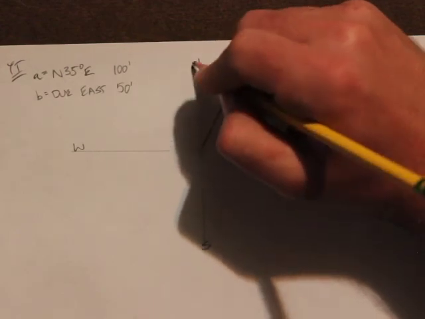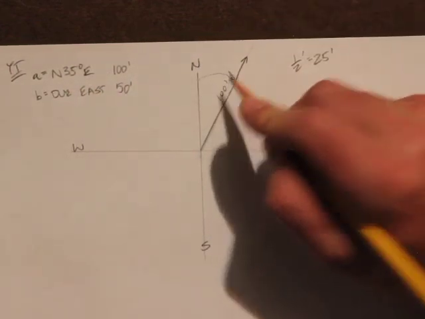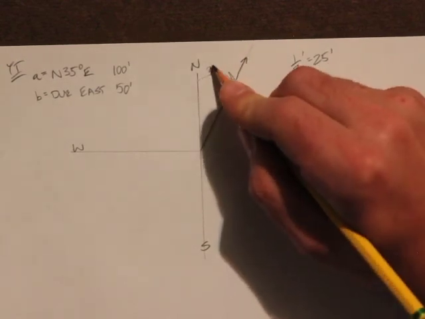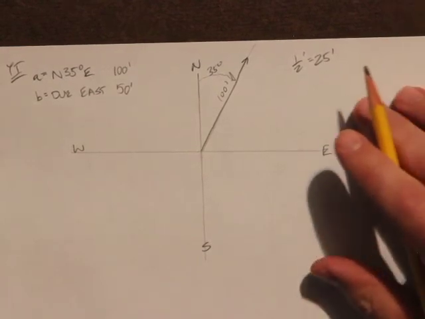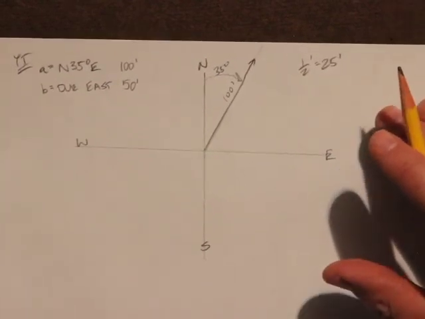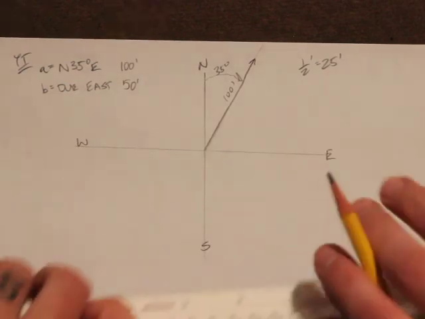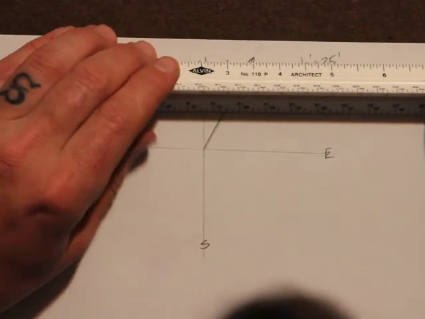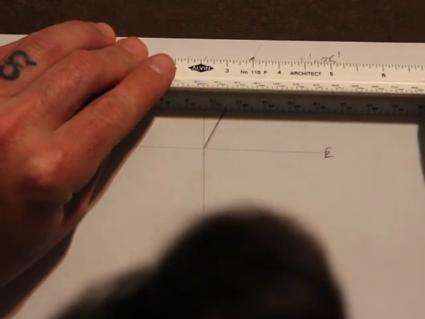And this is northeast, so from the north to the east, that is 35 degrees. Now, there we go on there. Okay. Now I need to do the due east at 50 feet. So due east is going to be just straight, parallel with east, 50 feet.